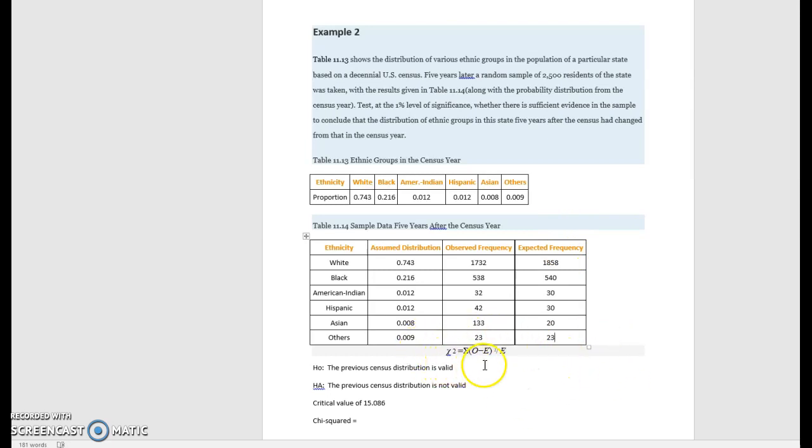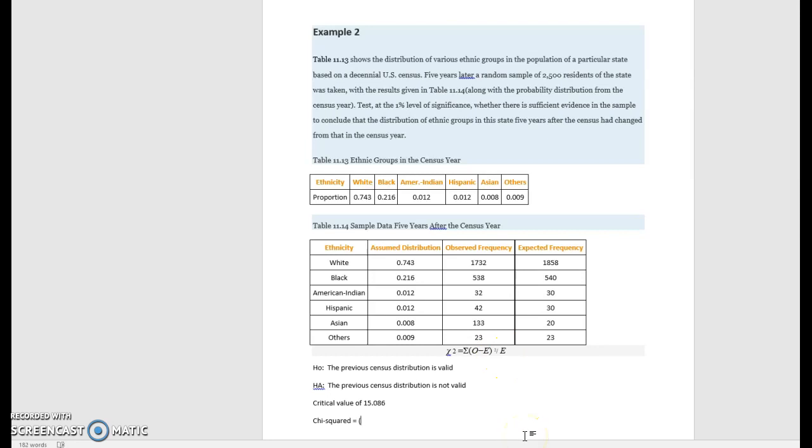Now we've got to use this formula to find chi-squared. So remember that that little sum symbol means we're going to add up each of our calculations for all 6 of these rows. Okay, so let's start with the observed value minus the expected value squared over the expected value for every single one of them.